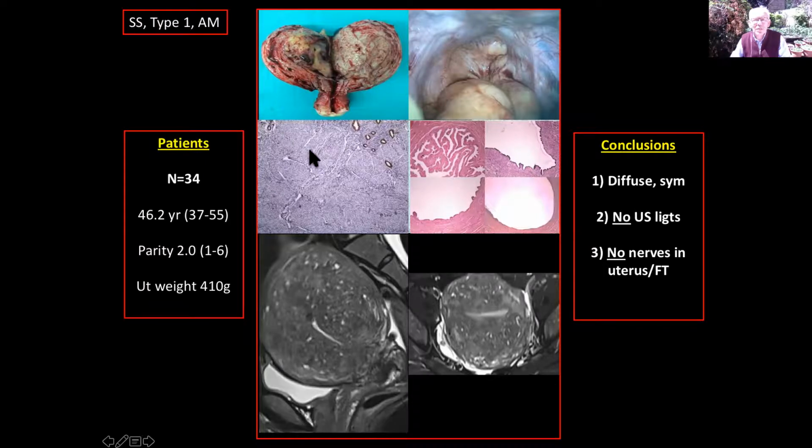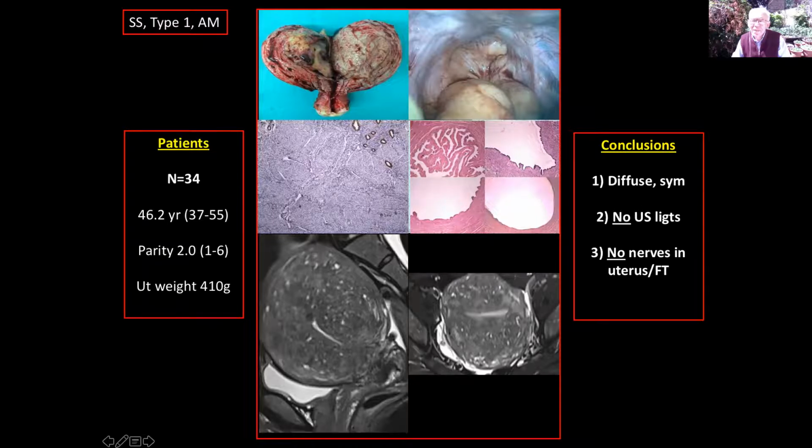There are no nerves at the junction between the endometrium and the myometrium. Usually there's a large endometrial myometrial nerve plexus here. And the fallopian tubes should look like this with plenty of rugae, but these fallopian tubes in these women are like drain pipes.